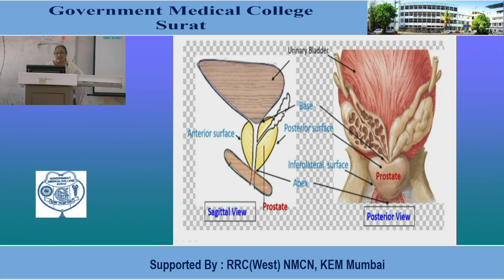So this is the sagittal view showing the anterior surface and the posterior surface, while the posterior view showing here the bladder with the infralateral surfaces. This is the prostate gland and this is the left infralateral surface and the right infralateral surface. This is the base directed upward, apex directed downward.